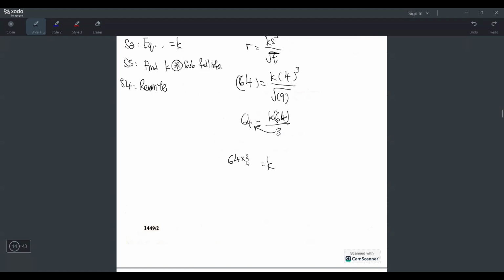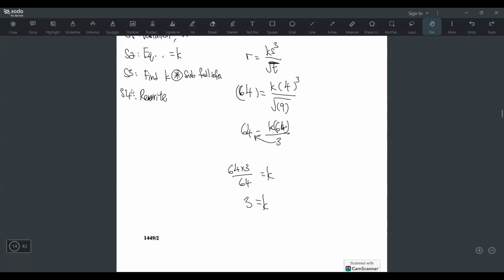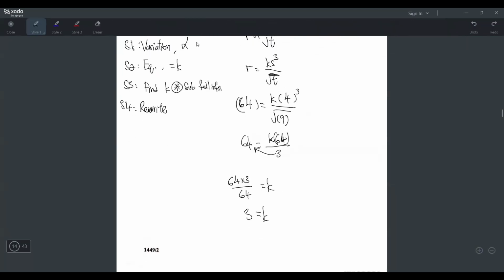So 64 times 3, and then 64 at the top means multiply, so it moves over to become divide. If you press this in your calculator, you get 3. Or you can cancel, because if it's a multiplication relationship, you can cancel. So that's the answer, but not the final answer, because part a says express r in terms of s and t. So I need to do step 4, which is rewrite.